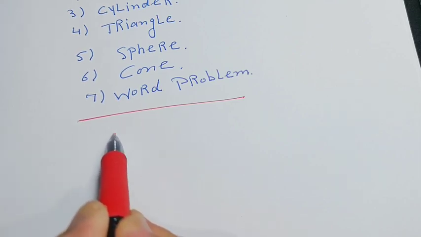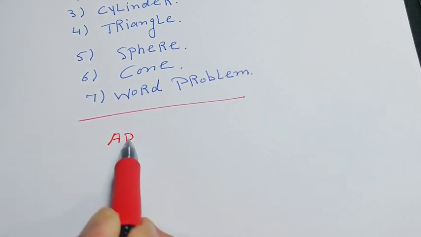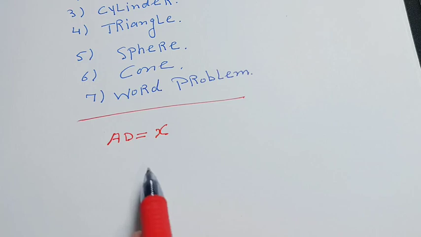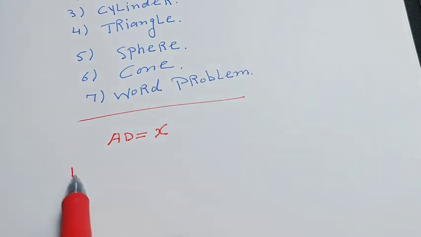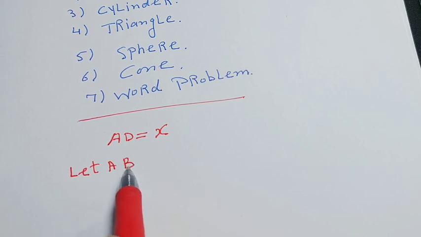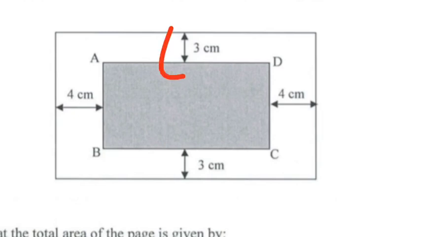So the AD we have in this question is equal to x, and let AB be y. So this horizontal is x, and let the vertical be y.